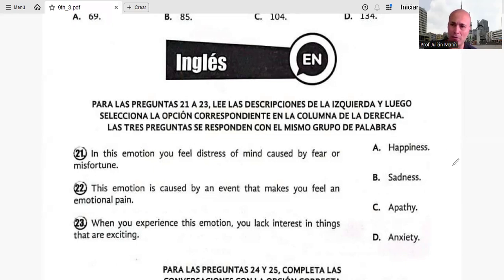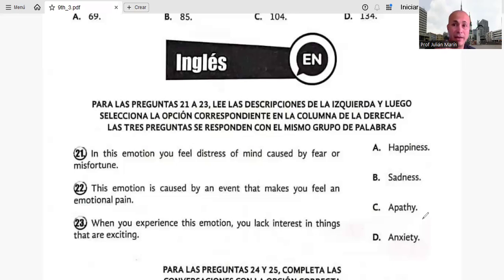That is not an error. That is not a mistake. That is fully intentional, and that is to increase the difficulty of the exercise. If you read to the right what kind of words we have here, it is a good strategy. You'll see happiness, sadness, apathy, and anxiety. The good news is that all of them can be classified in a group of words.